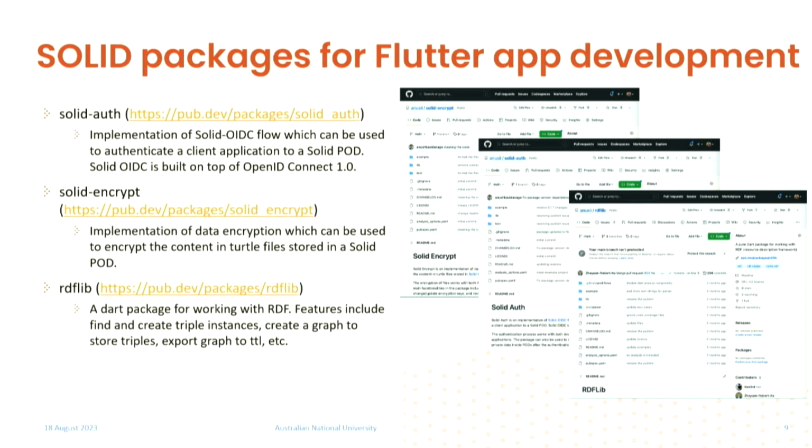The Solid Auth package, as the name suggests, lets you do authentication from and to pods. Whenever you build a Flutter application, you can use this Solid authentication package to authenticate into any pod out there. With Solid Encrypt, you can use this package to encrypt and decrypt your data inside your pods at rest. And RDF-lib is a Dart package for working with RDF.